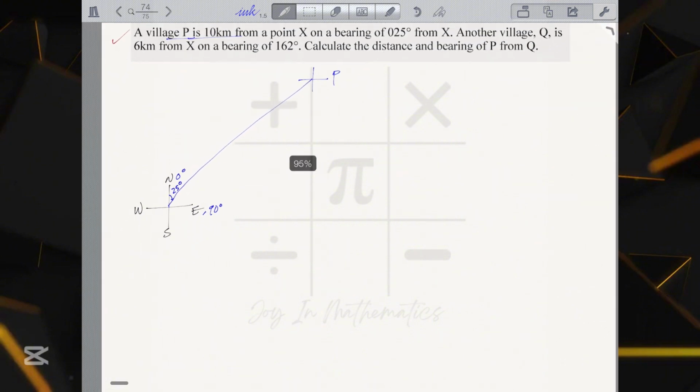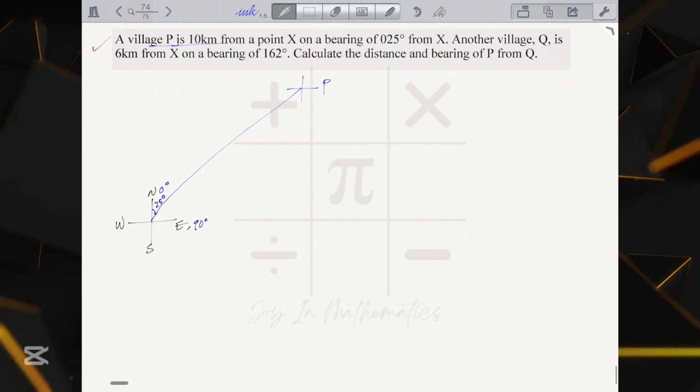Similarly, we have another village Q, and it is 6 kilometers from X. Remember, this point is 10 kilometers. Another village Q is 6 kilometers from X at a bearing of 162 degrees.